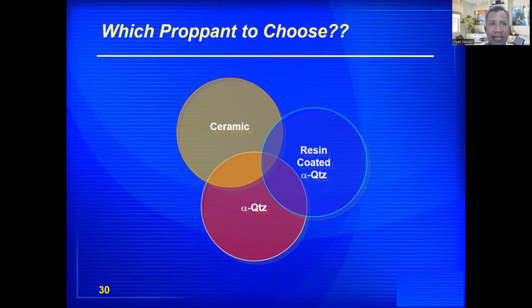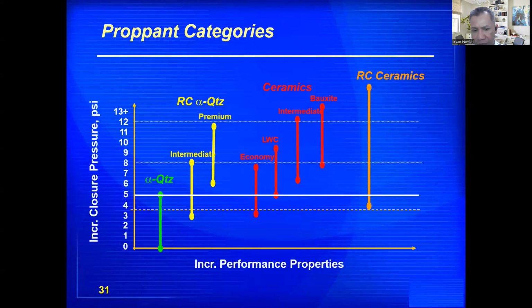Now you can take that alpha quartz proppant and put resin on it, which does several things, but primarily greatly increases its strength. Or you can manufacture a ceramic. And if you notice here, there is some overlap between all three.